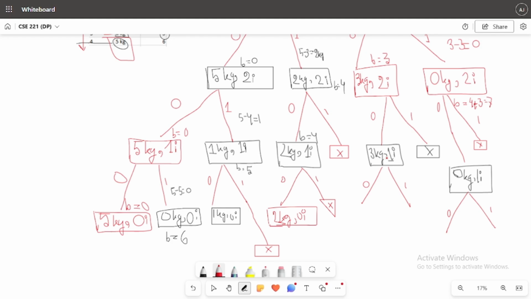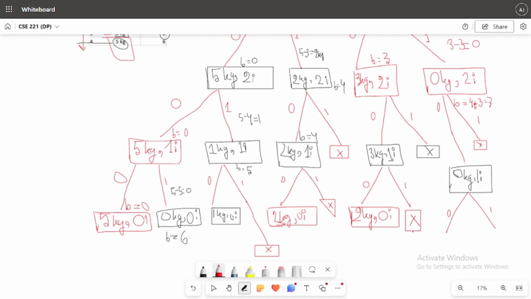Now for 3 kg, we are not picking any item here, right? We are not picking any item, so it will be 2 kg and 1 minus 1, it will be 0 items. And we cannot pick anything. Why? The maximum is 5, so 3 minus 5 will be negative.